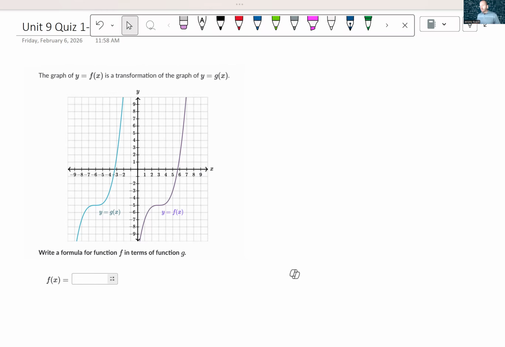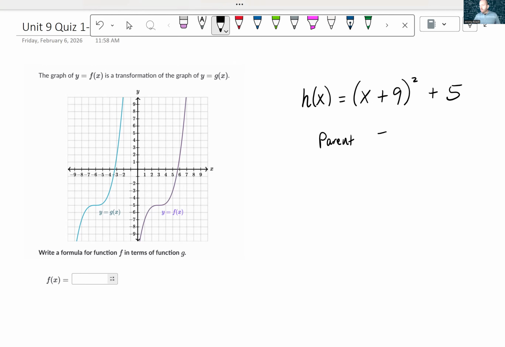Now, when we're talking about shifts on graphs, if we had something that said h of x equals x plus 9 squared plus 5, we would first graph the parent function. And the parent function is y equals x squared.